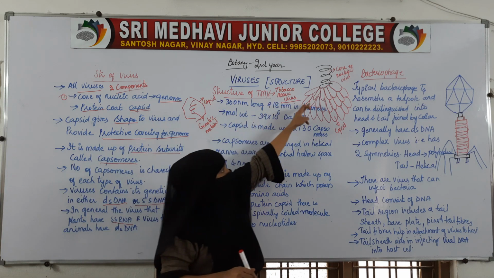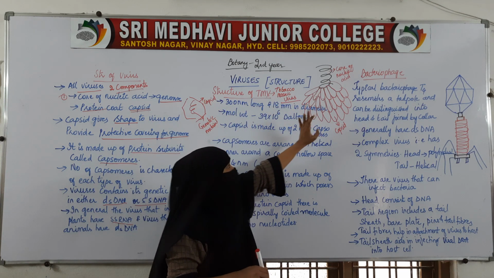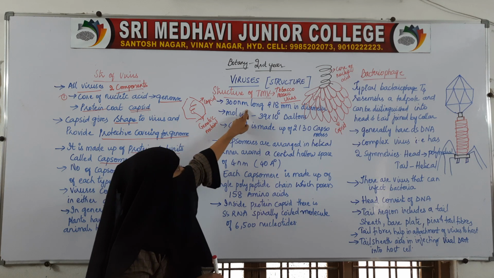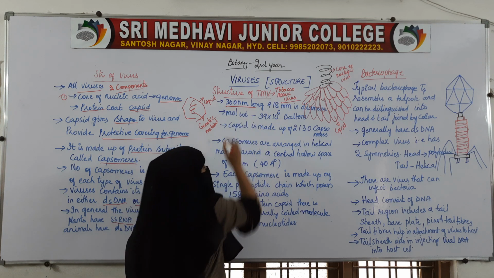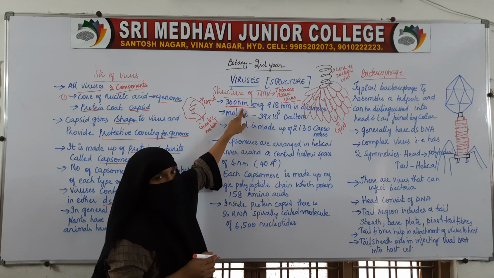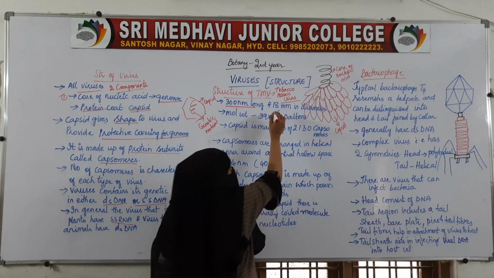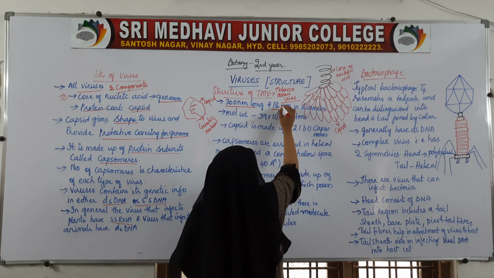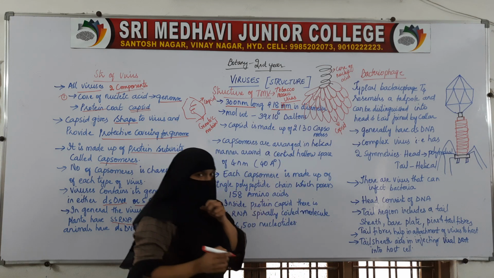This is the structure of the TMV. It is 300 nanometers long, and it is 18 nanometers in diameter.